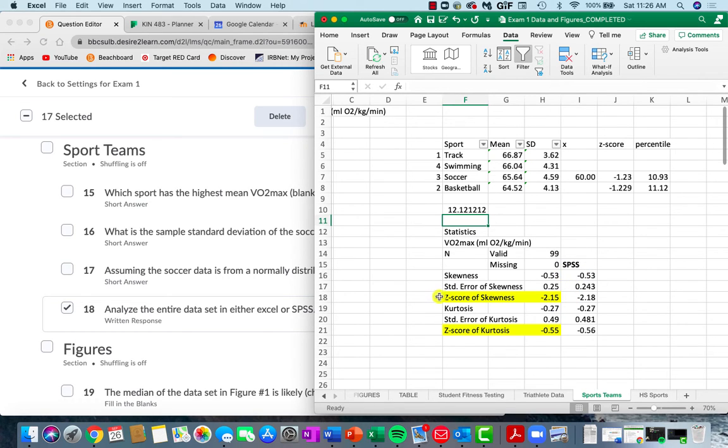But remember, when we're comparing a sample to a population, we have to involve some measure of standard error, and that's going to give us what our sample would look like if we overlaid it on top of a population. So in this case, the data were negatively skewed, right? I had answers both for SPSS and Excel, so you can compare the values that you got there, but we would have had negative skewness and no kurtosis.